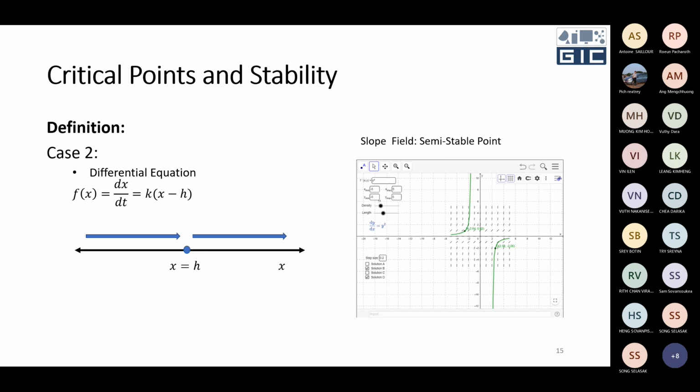Okay, let's see the other case. In this case, our system always has the right arrow, sorry, the right arrow. It means that the whole system produces positive values. For example, in this figure, I have our function equal to y squared.